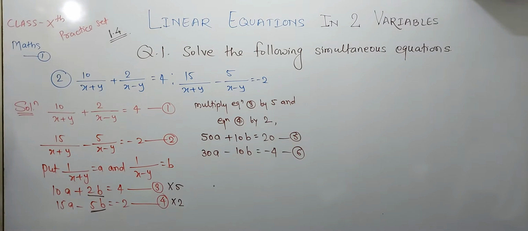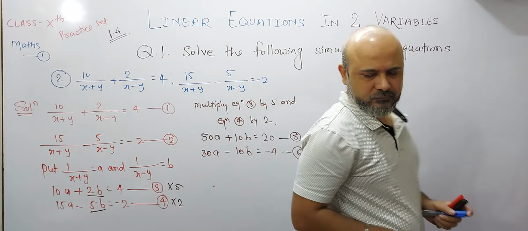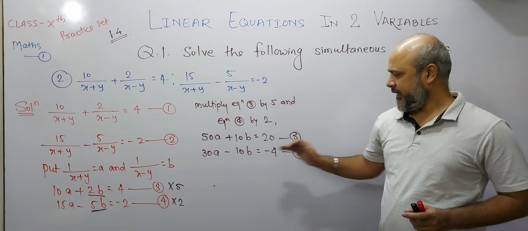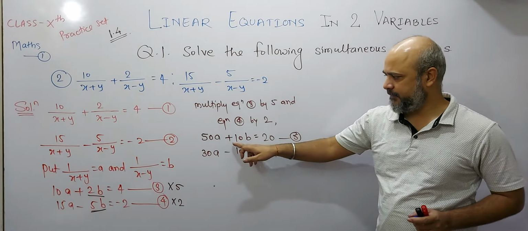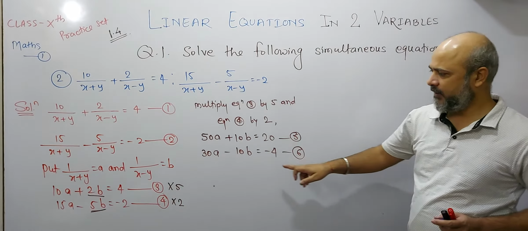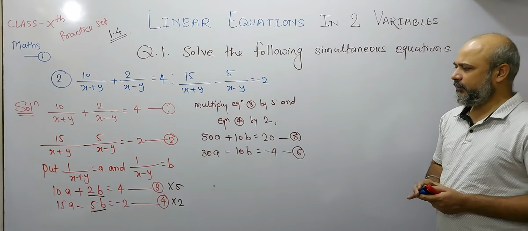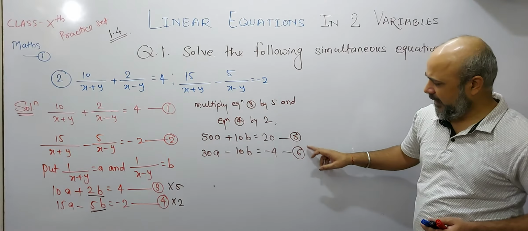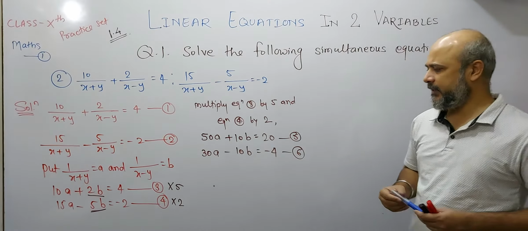So when you will multiply equation 3 by 5 and equation 4 by 2, you will get the next equations, that is equation number 5 and equation number 6, that is 50a plus 10b is equal to 20 and 30a minus 10b is equal to minus 4. Now you will observe, when we add equation 5 and 6, this plus 10b and minus 10b cancel out.